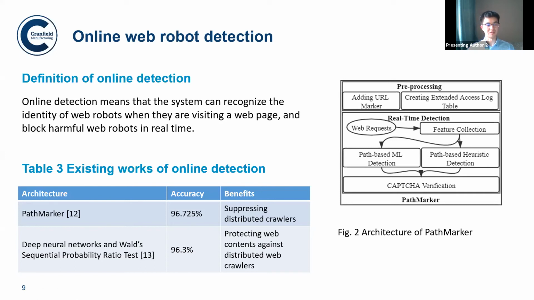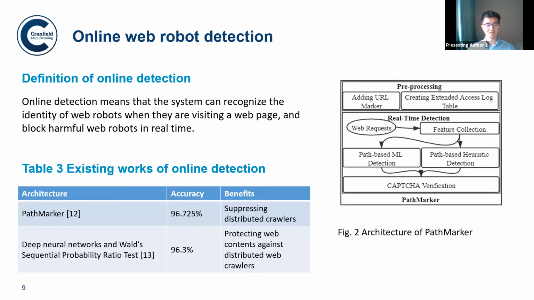The second method is a bit like the first one. It also uses machine learning to check the relationship between user requests to decide whether a session comes from a web robot or human. The application of a sequential probability ratio test had never been used to detect web robots before.